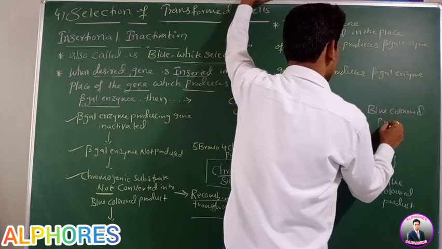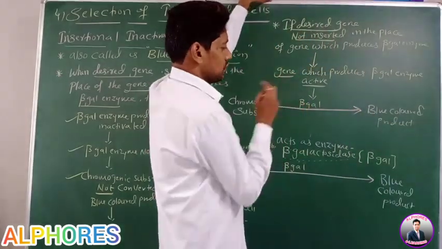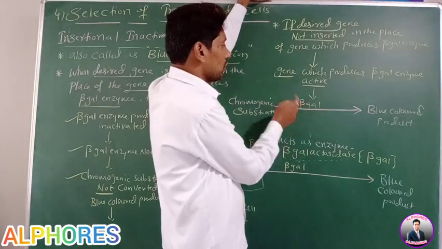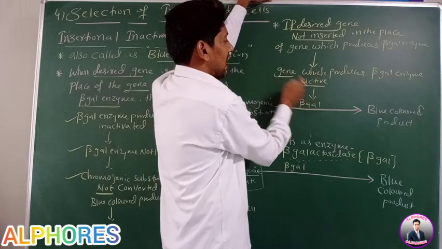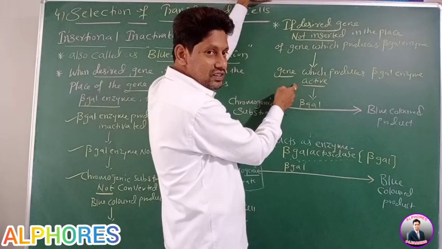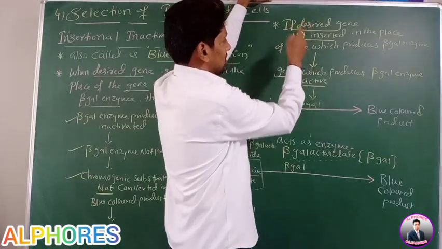Therefore, now you tell me, if blue colored product is formed, enzyme is produced. Enzyme is produced means the gene which produces this enzyme is active. This enzyme is active means what does it indicate? It indicates that the desired gene is not inserted.